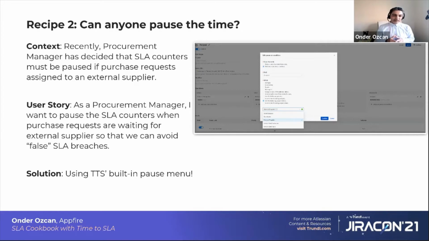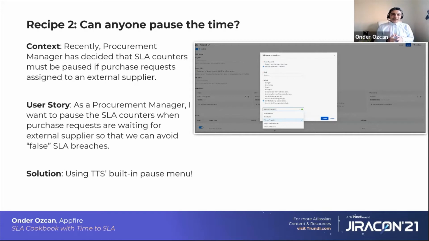And once it's defined, you can choose from this menu, right? So it's that simple. Just choose the status or field, and then assign the corresponding field for this pause condition, and choose whatever role it might be.